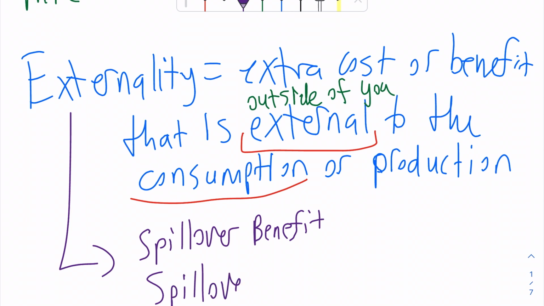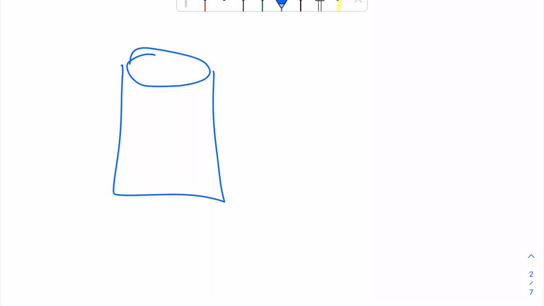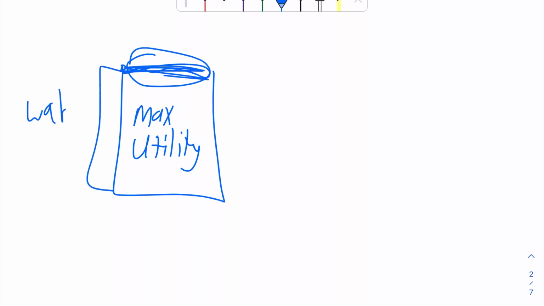Now, the way I like to think about these is that you are basically consuming something, and what are you trying to do? You're trying to maximize your utility, right? So max utility. So here is your water, okay?